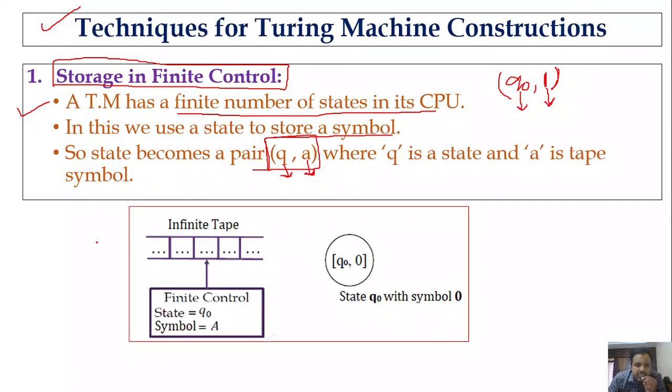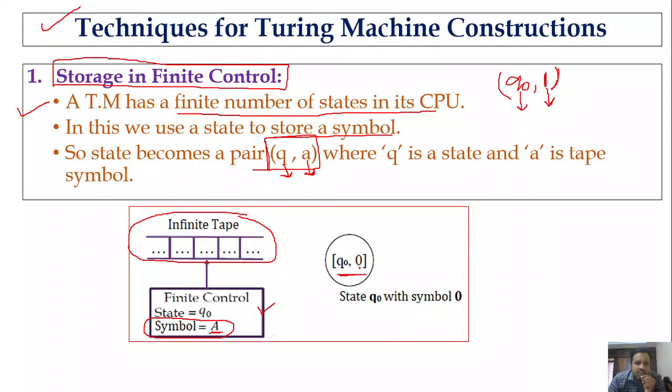Here you could see a diagram. We have the infinite tape that is common. We have a finite control consisting of a finite set of states, but every state here stores some tape symbol, which I am representing with a capital A. While constructing the state transition diagram for this type of automaton, we get one additional attribute along with the state number.